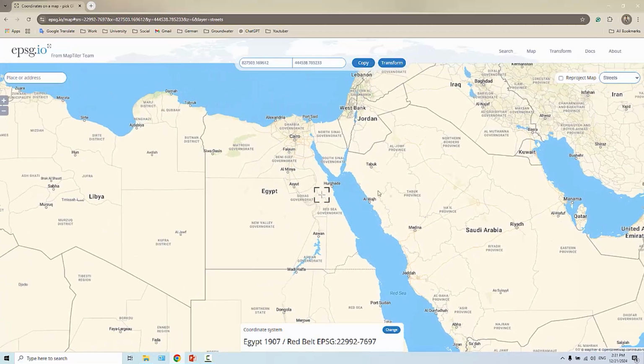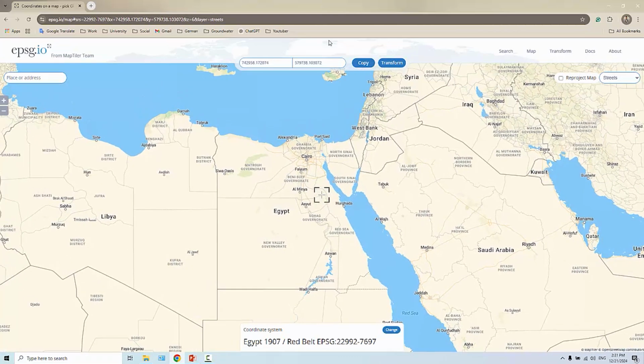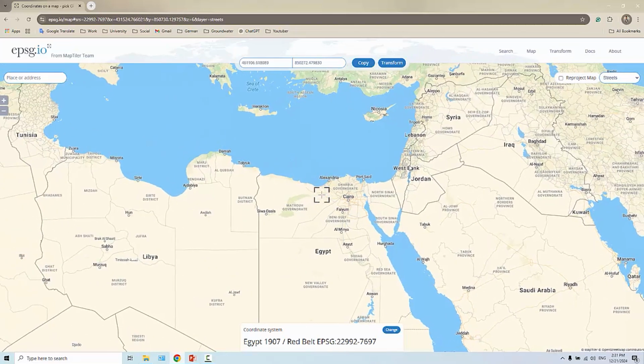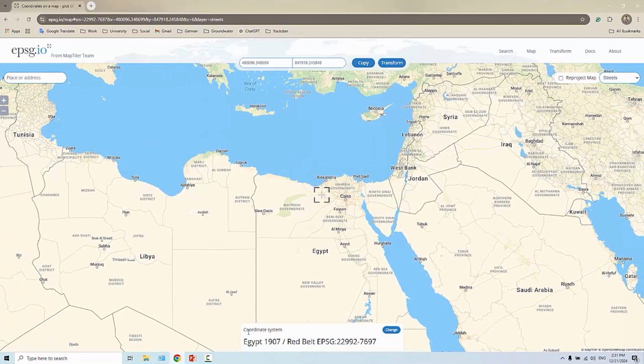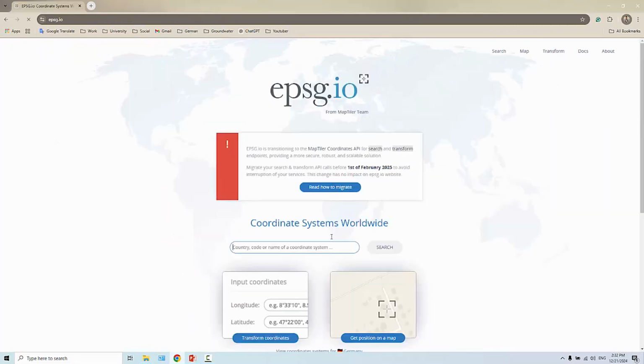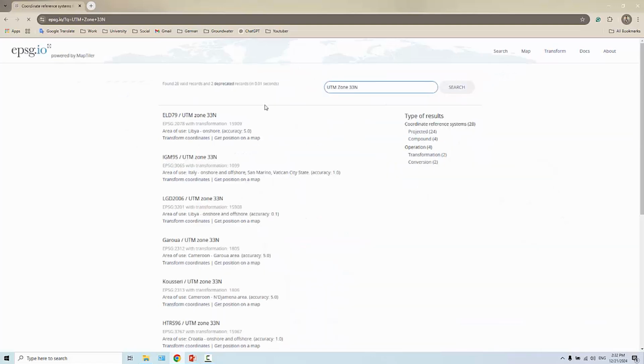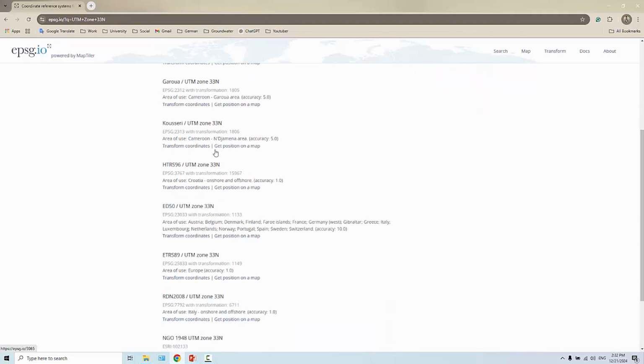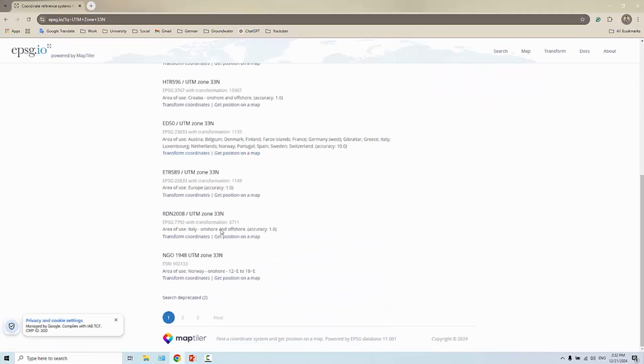You can use this website to identify any easting and northing according to the coordinate system that you're using. So now let's try it with Germany, for example. Let's try UTM zone 33N. As you can see here, this is not the one that I want.